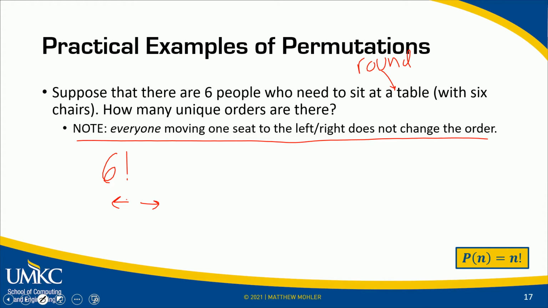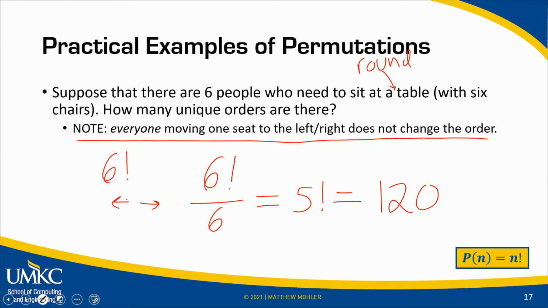So we need to take this 6 factorial and divide by the 6 different places that each person could start at. Well, 6 factorial divided by 6 is just equal to 5 factorial, which is equal to 120 unique seating arrangements for 6 people sitting at a round table where moving left or right does not matter.